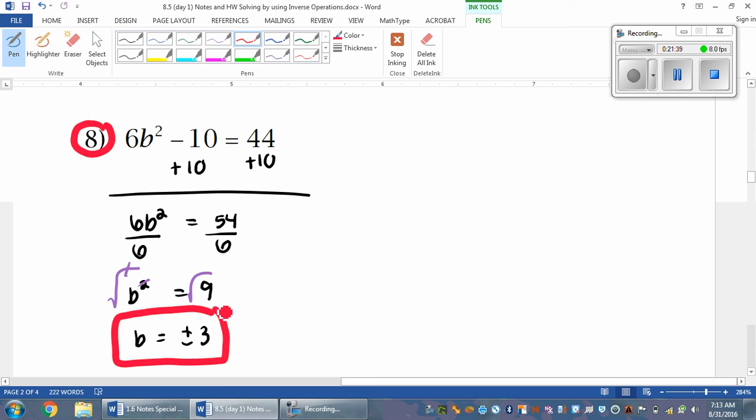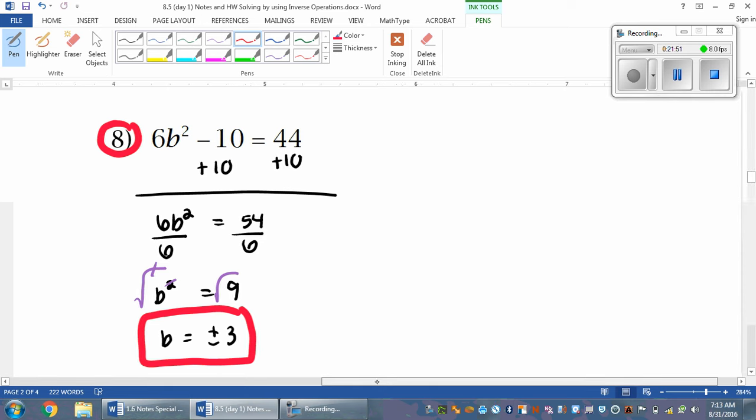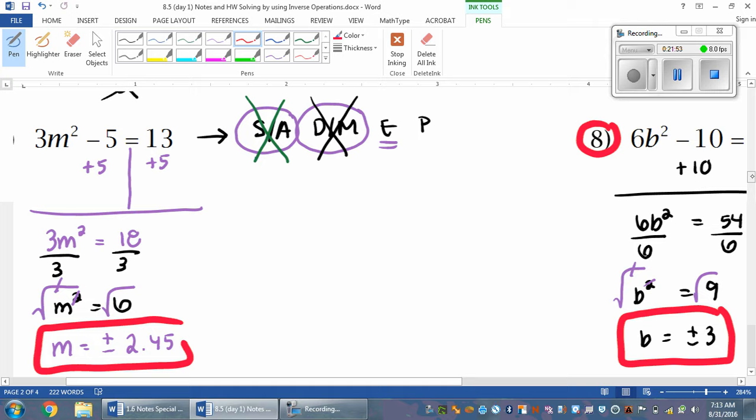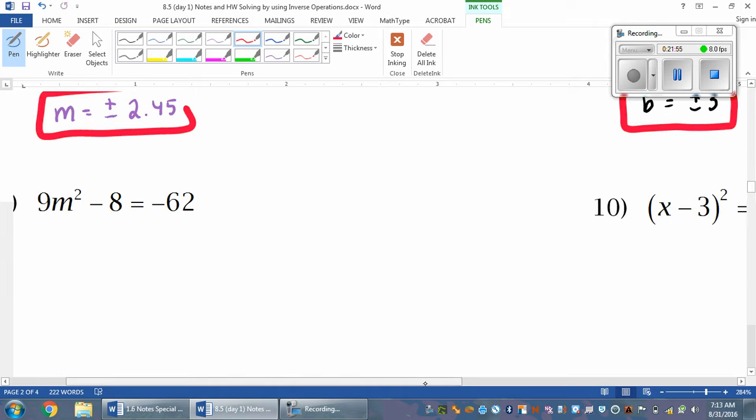All right. Hopefully you got that b is equal to positive 3 and negative 3. If you did not get that, please raise your hand and have your credit recovery teacher come up and help you. All right, let's move on to number 9.